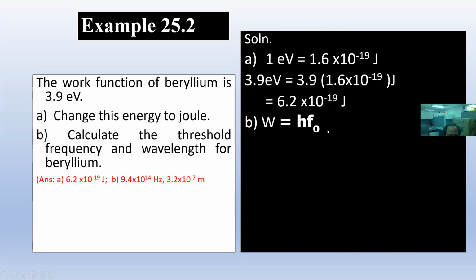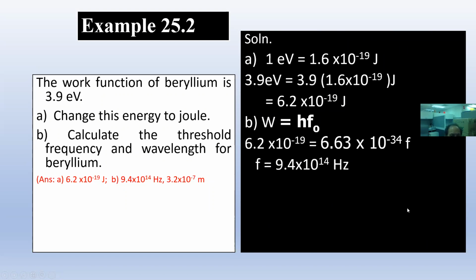That's your work function. Put your value inside there, value for energy, W. That's your Planck constant, you can find it from your formula sheet. Then calculate your f naught. After that, use your wave equation: speed of light is frequency times wavelength, to calculate your wavelength.